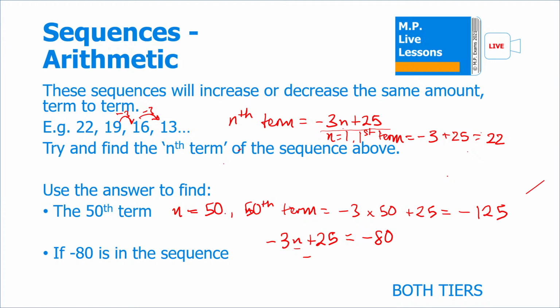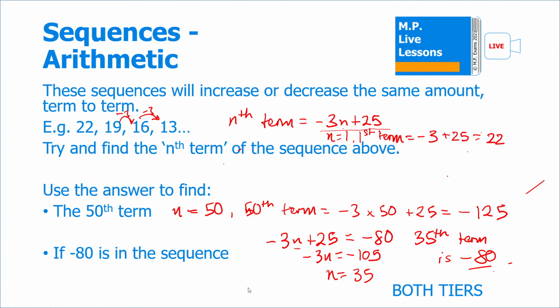So if we try and solve this, n is 35. So the 35th term is minus 80, from what we can see here.